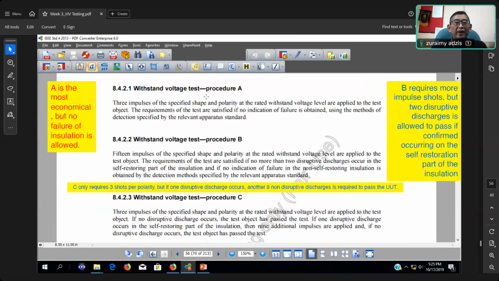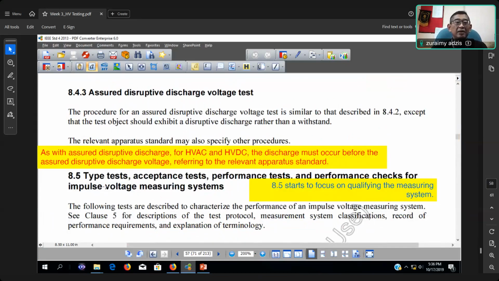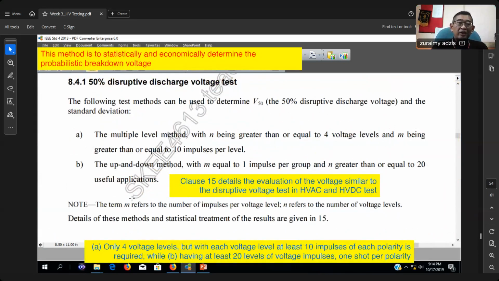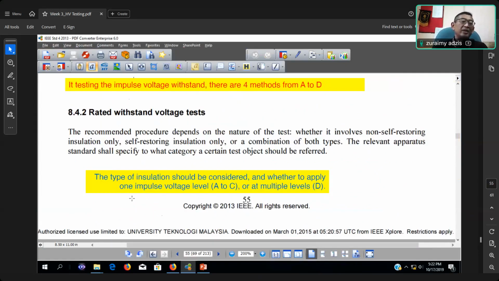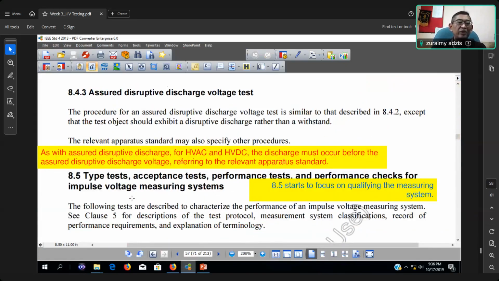And after that, again, the measurement system. So there are 3 types: 50% disruptive discharge voltage test, rated withstand voltage test, assured disruptive discharge voltage test.